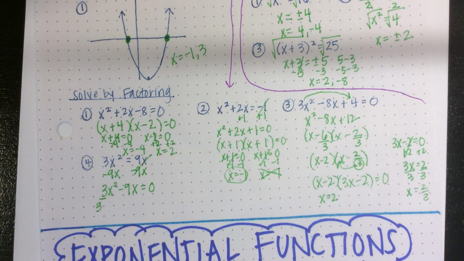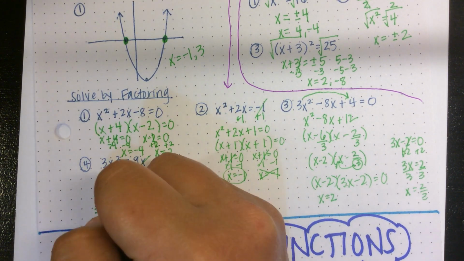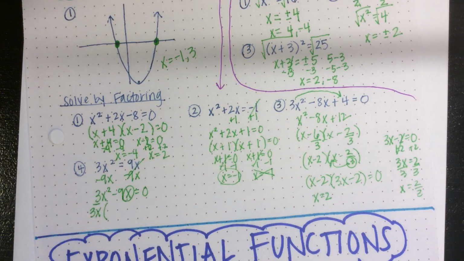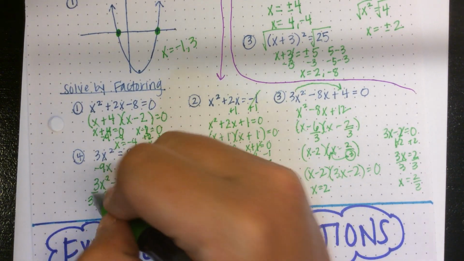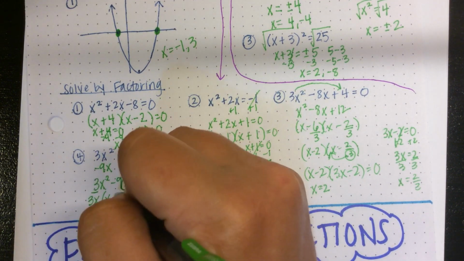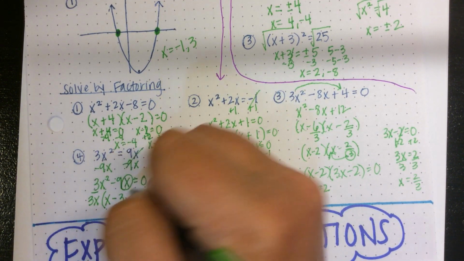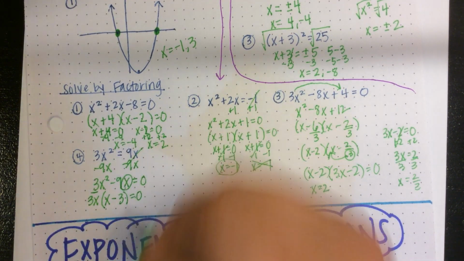They both have variables, so I'm going to take my smaller variable, which is x to the first power. Then we divide. 3 divided by 3 is 1. I had 2 x's, I take 1 out. That's x. Negative 9 divided by 3 is a negative 3. I had an x, but I took it out. So that's going to be just x minus 3.